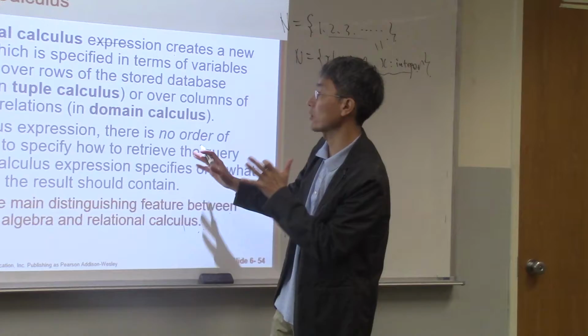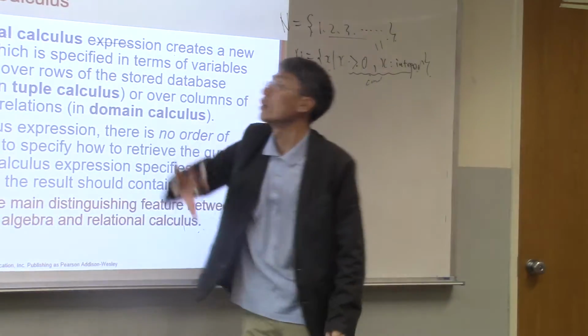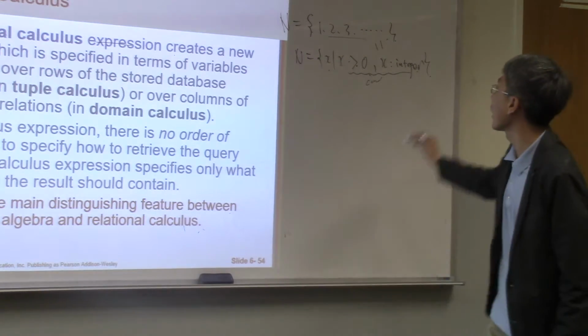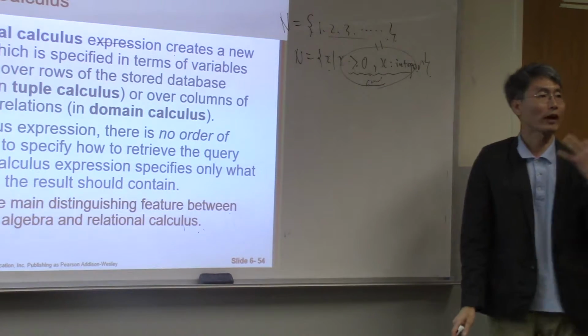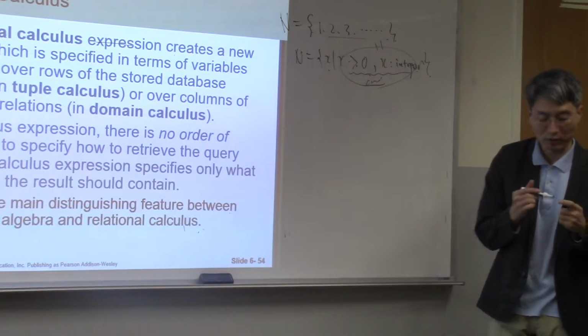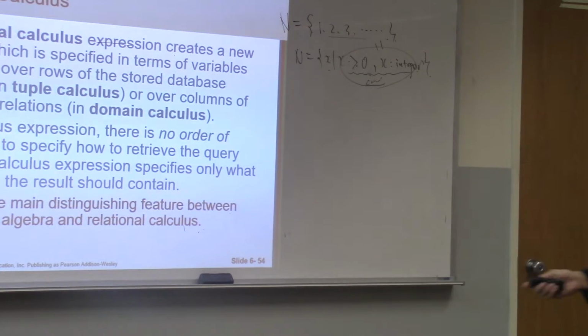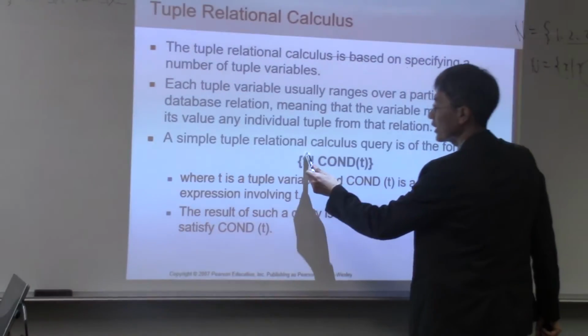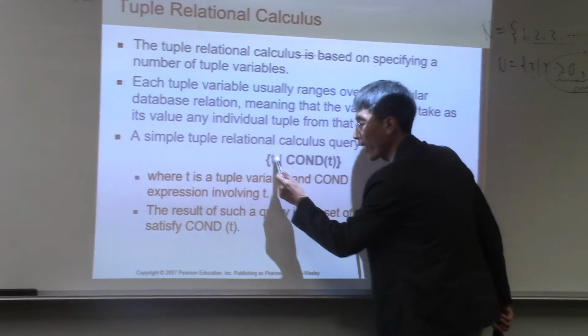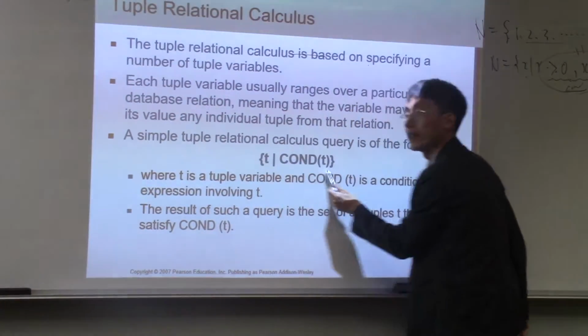So when we access the data, instead of a list of operations as in a relational algebra expression, in relational calculus we are going to focus on such a condition. Then we'd like to see whether the output is correct. The notation is like this: t is the tuple, and we'd like to access the specific tuple with this condition.